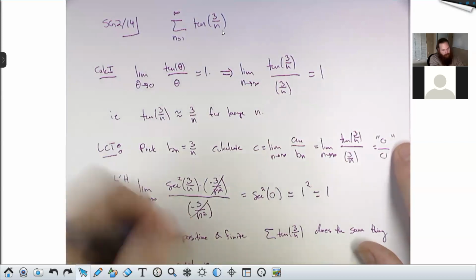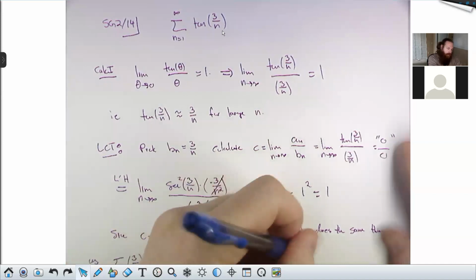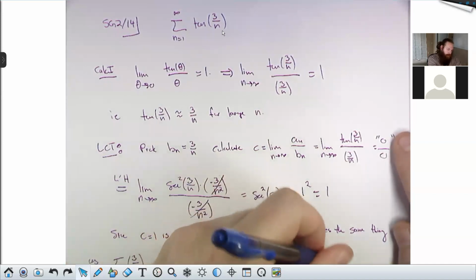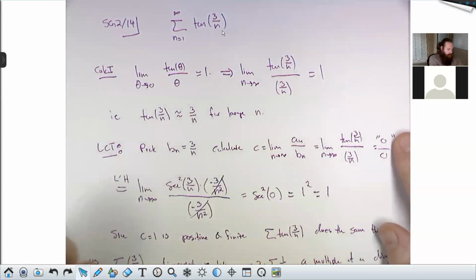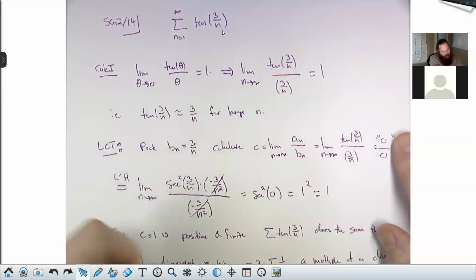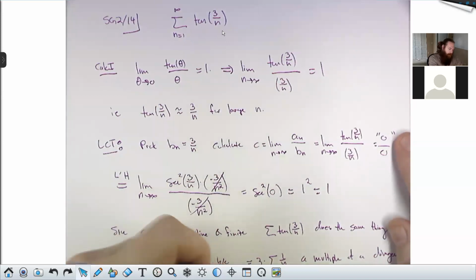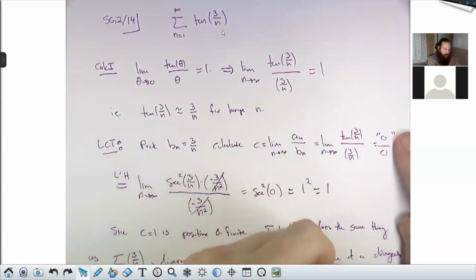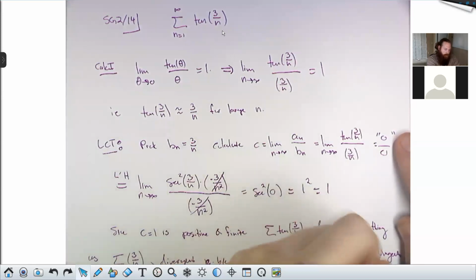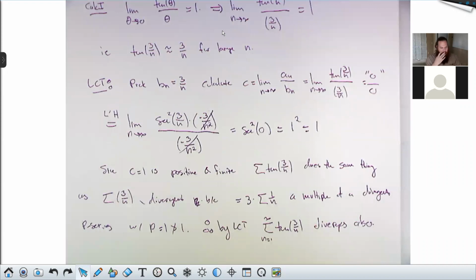I should say this is divergent because it's equal to 3 times sigma 1 over n, a multiple of a divergent p-series with p equal to 1, which is not bigger than 1. Therefore, by LCT, sigma tan 3 over n summed from 1 to infinity diverges also. So that's the attack here.